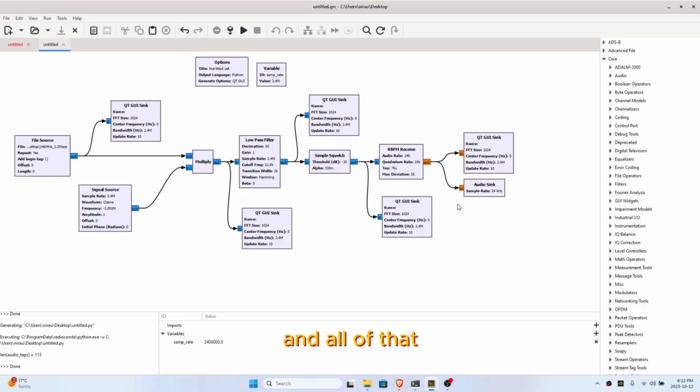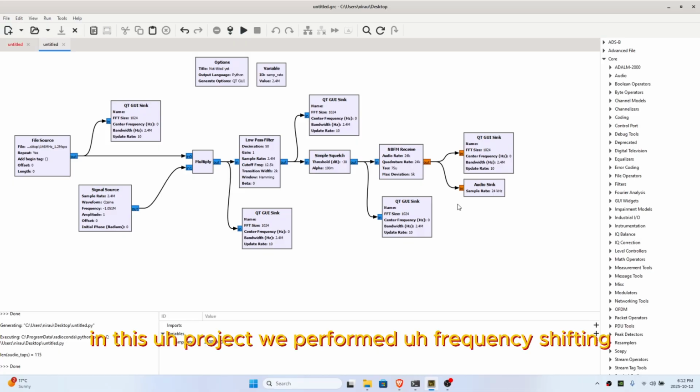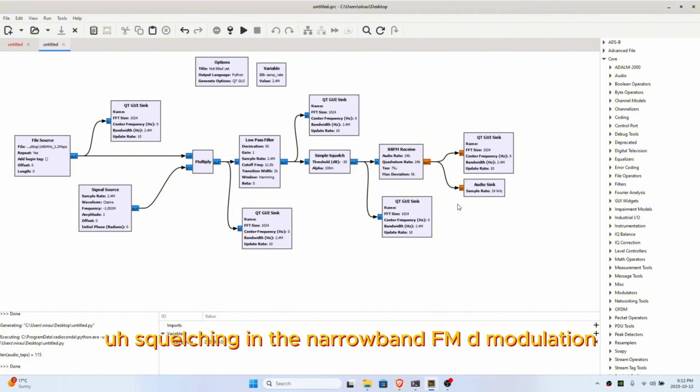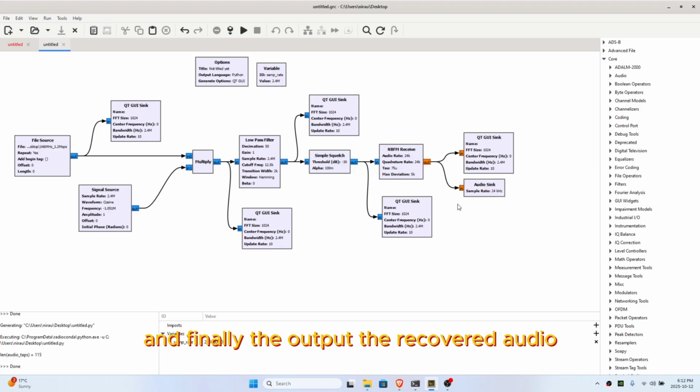In this project, we performed frequency shifting, low pass filtering, decimation, squelching, and narrowband FM demodulation, and finally the output, the recovered audio. This project shows how software defined radio principles can be applied to decode real-world walkie-talkie communications.